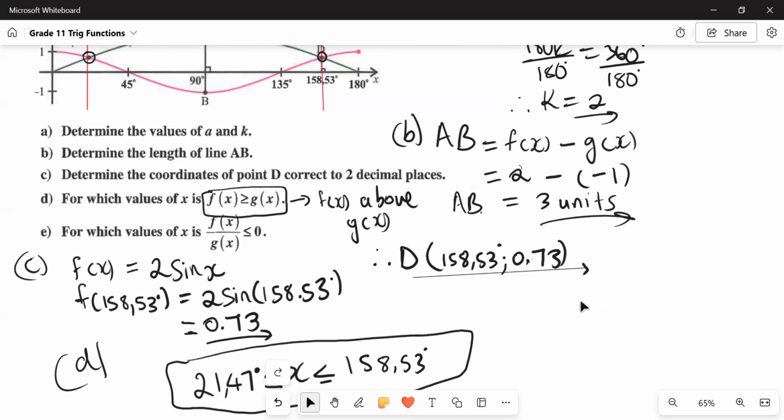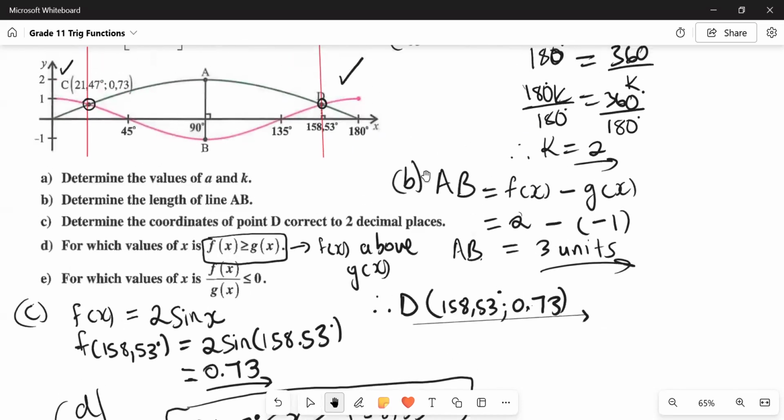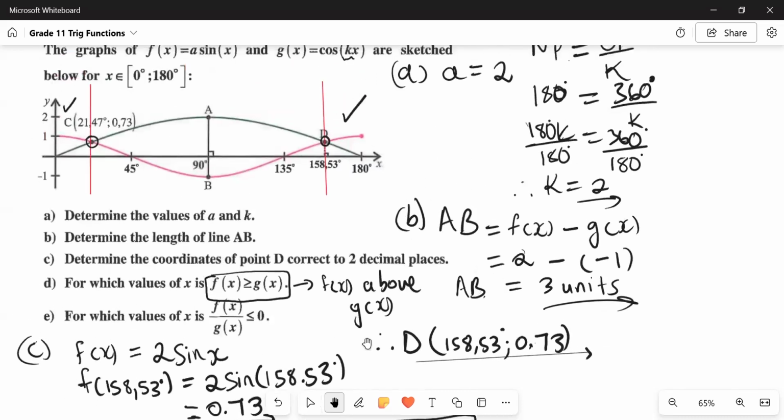Number one, x is equals to 0, or x is equals to 180, and x should be between 45 and 135. But let's try and analyze it together. We're looking for values where one graph is positive and the other is negative.